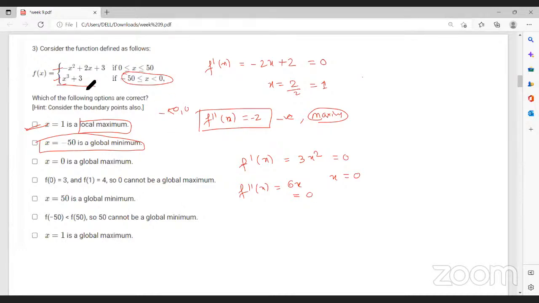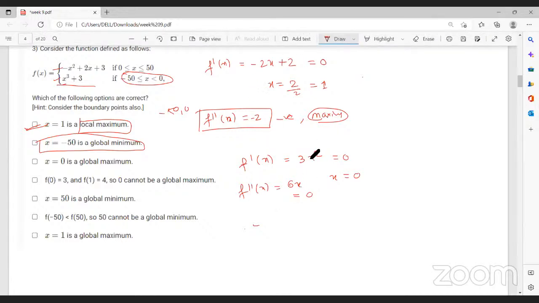Okay, so let us see what I am getting at minus 50. So can you please explain again? The second derivative will be 6 into minus 50. Then how does it come 0, sir? No, 6x is not equal to 0. If I put x equals 0 in f double dash of x, that is f double dash of 0 equals 0, right?